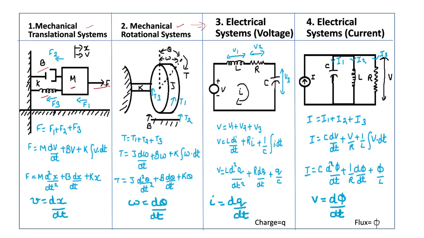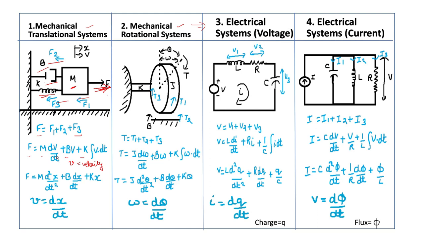And then this is the force acting. So this F is equal to F1, which is force due to this mass element, then F2, which is the force due to damper element, and then plus F3, which is the force due to spring element. So F is equal to m dv by dt plus bv plus k integration of v dt, where v is velocity here.